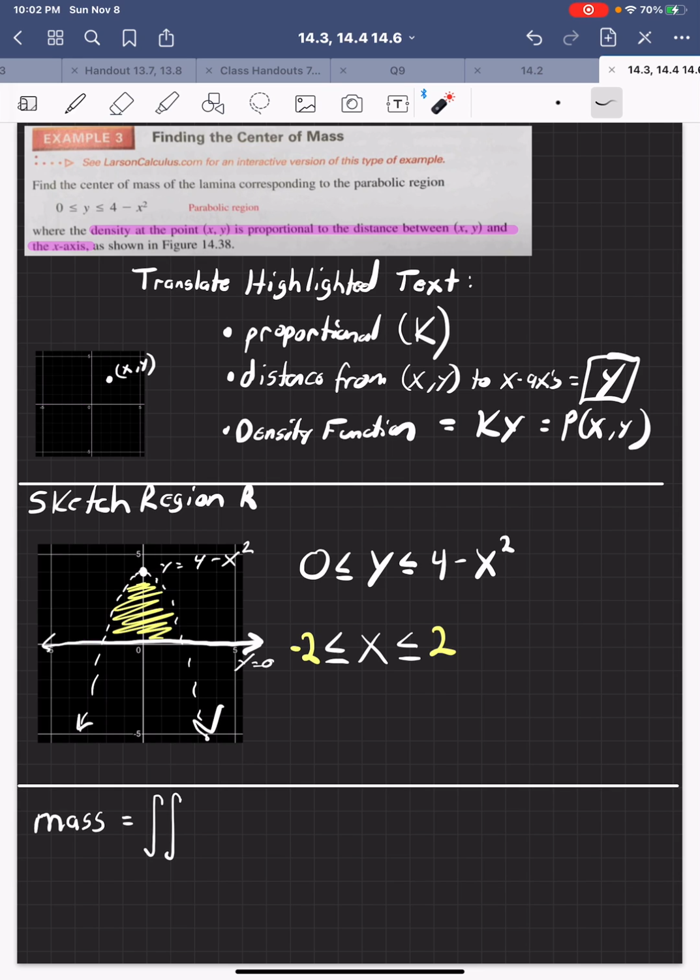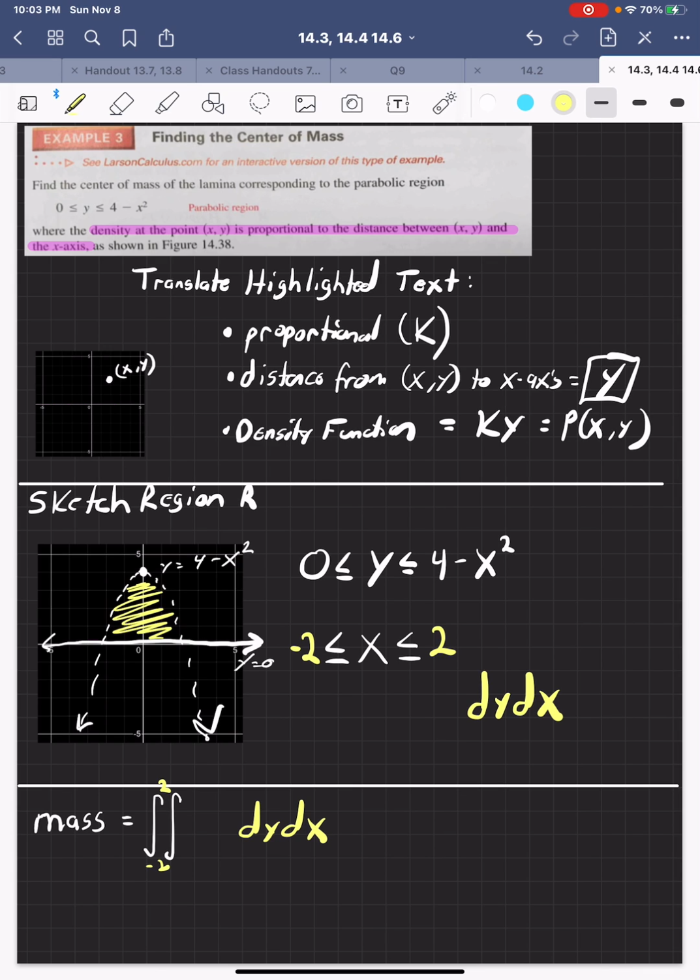So, all right, that tells me that we're going to want to do dy dx integration, right? Because the x has the constants. So we want the -2 to +2 out here, and we're doing dy dx.